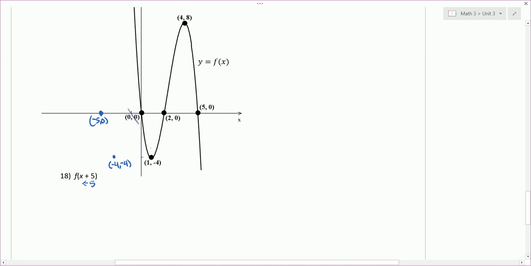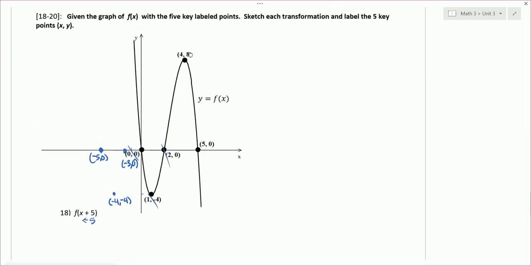So we've taken care of the first point, the second point. We're on to the third point. Take the x value 2 and subtract 5 from it, and you get negative 3. So that's over here at negative 3, comma 0, same height. Done with that one. We have the one above at 4, 8. Subtract 5 from the x value 4, and you get same height right here at negative 1, 8.